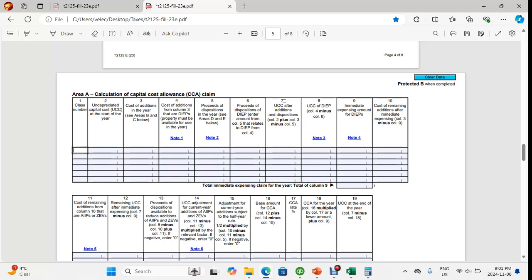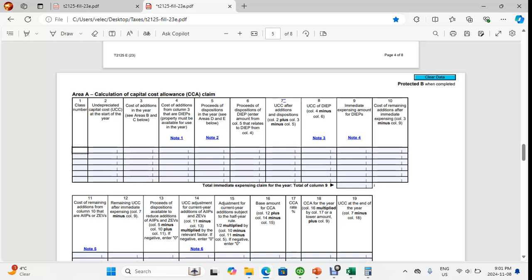You will need to declare your CCA for that equipment, building, or any other capital property that you added to your business in this or last fiscal period. Basically your CCA has to do with depreciation expense. Anytime you add a capital property to your business, you have depreciation expense.